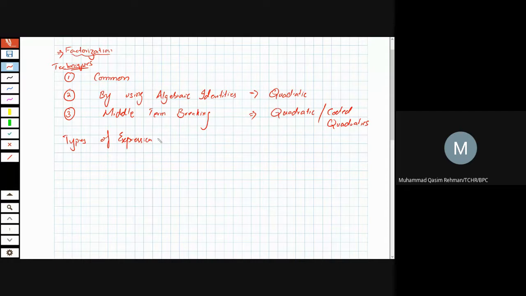The difference between an expression and an equation, anyone? Well, in an expression, we can have the equality sign as well. For example, if I have a plus b whole square, then I can put the equality sign before it, before expanding.